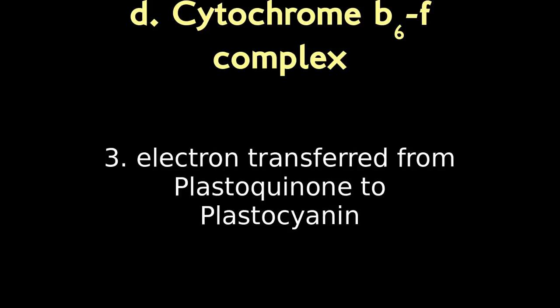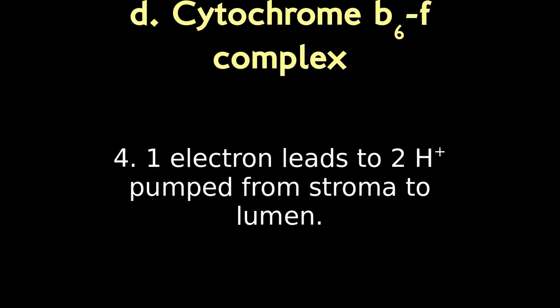This is going to transfer an electron from plastoquinone to plastocyanin that we're going to talk about in just a moment. And for each electron that we transfer, we're going to pump 2 protons from the stroma into the lumen of the thylakoid.